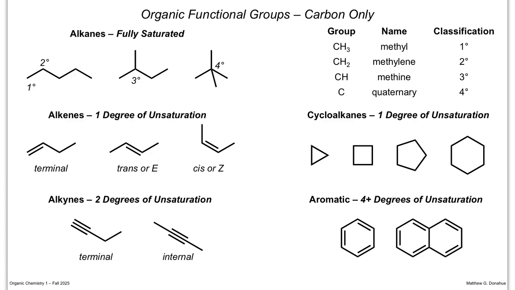So again, these are molecules with carbon only, and then we know that there's always hydrogen, so what are the patterns we're looking for? And then what's some other classification or nomenclature we have to be aware of?